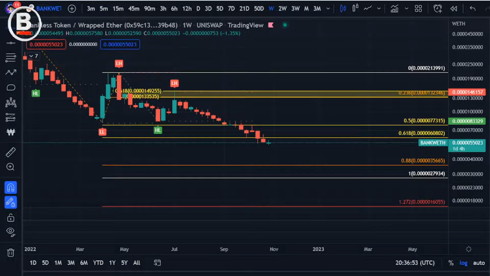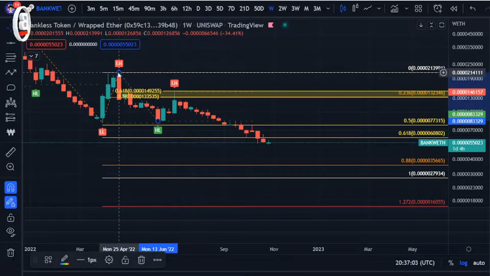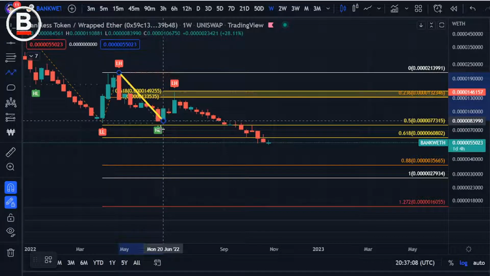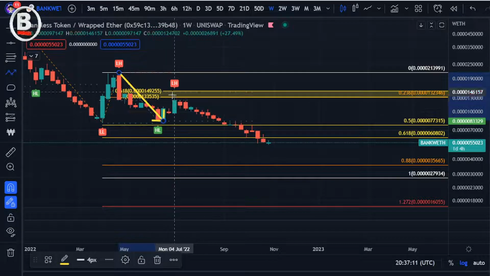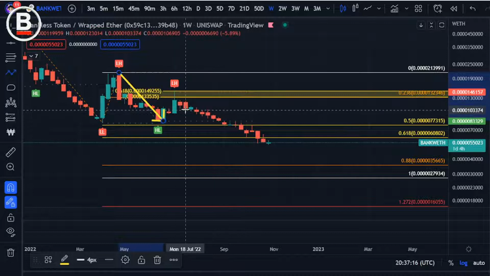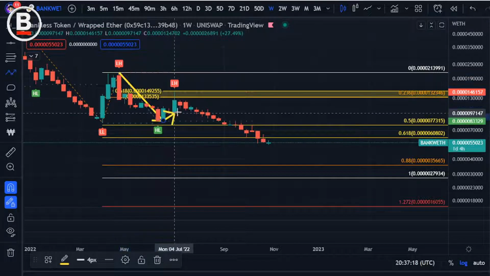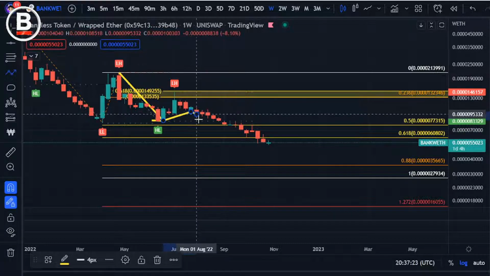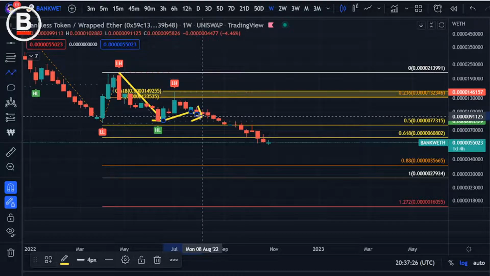The way we look at that is by looking at the golden pocket, and we can see that if we found the golden pocket for this move here, we can see right here is where the algorithms started selling, and because it failed at the next 618, probably right around there, the algorithms didn't start buying it back up.